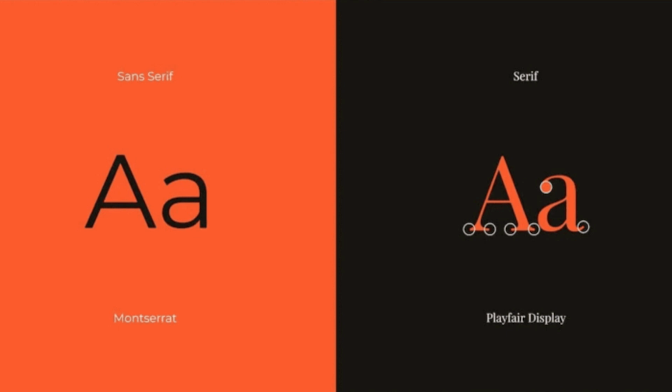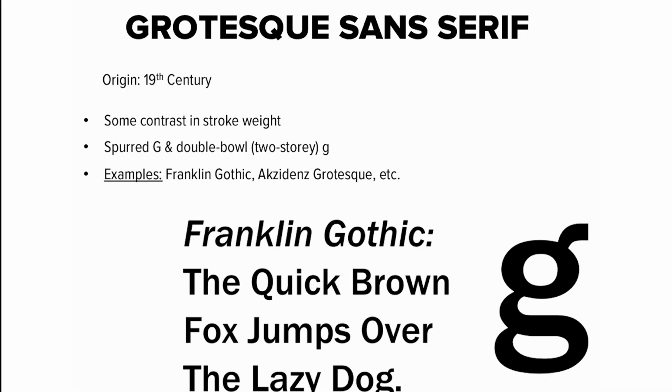There are different examples of sans serif as well. Gothic sans serif dates to the 19th century, with some contrast in stroke width, and a G with a double ball. Examples of Gothic sans serifs are Franklin Gothic and Trade Gothic.